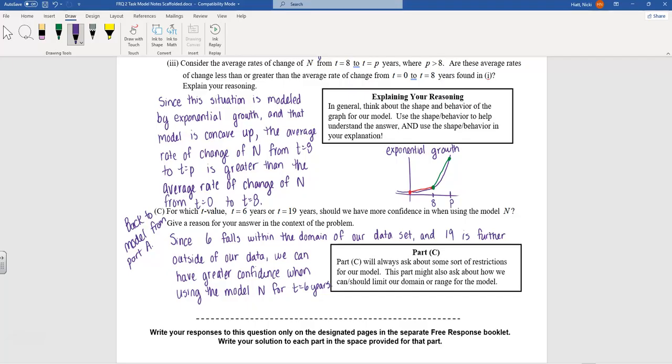And if you get asked some version of this question, the one that falls within the data is always the one you want to answer for that. Anytime you start to go way outside of your data, you get crazy answers. If you remember that activity we did where I had some of you putting the Hershey Kisses in the boxes and some of you trying to figure out the number of dominoes you could stack, we extrapolated that to a huge number and we had some wildly different answers, right?